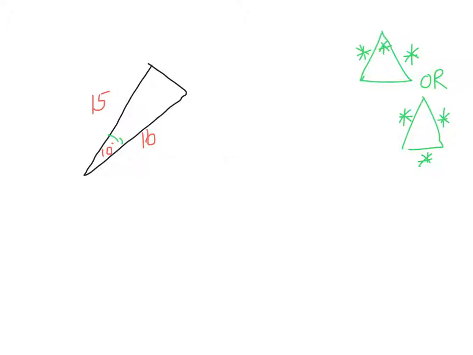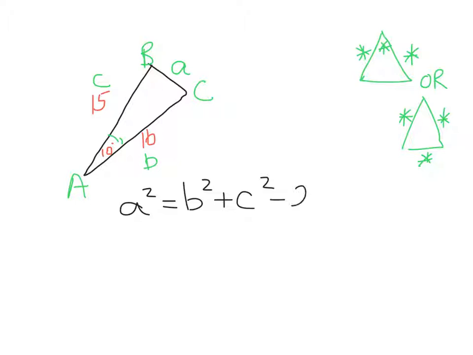Okay, so let's label this. We'll call this angle A, so that's side A, angle B, side B, angle C, side C. And we'll set up our cosine law. So if I use my formula for cosine law, A squared equals B squared plus C squared minus 2BC times cos A. I know right away that I'm not going to be able to solve for angle B or C just yet.